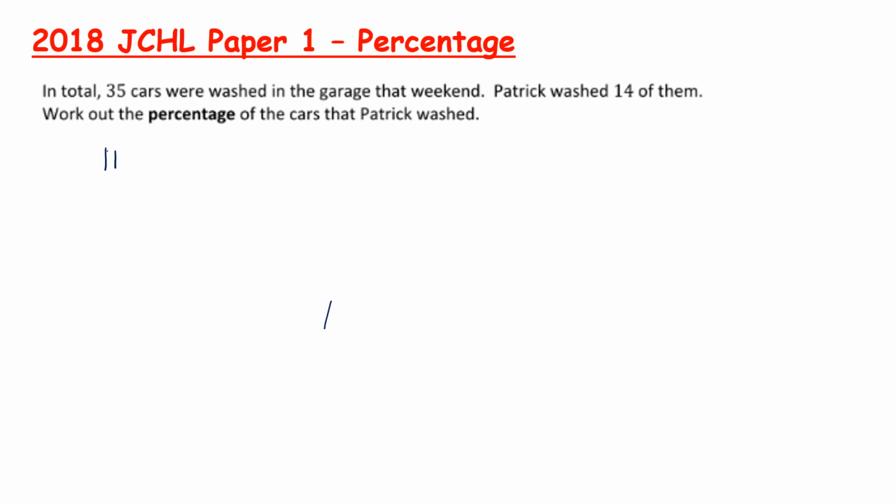Patrick washed 14 out of 35. We then want to turn that into a percentage, so we multiply by 100, or if you want, 100 over 1. You go to your calculator, 14 over 35, and then you multiply by 100, and you work out 40, and that is 40%. So really straightforward, but a very important idea that you need to be able to work with.